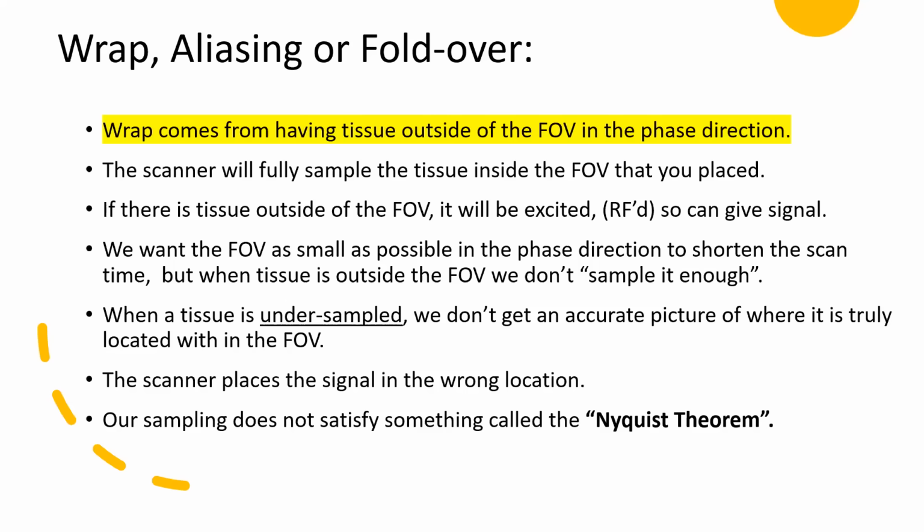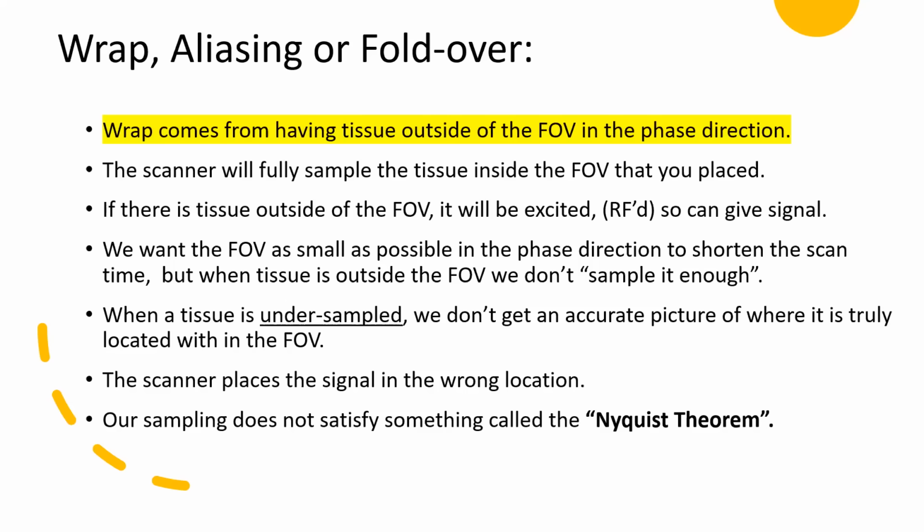Everything gets an RF, even the stuff that might be outside the field of view. Even though you don't want it to, sorry, we're doing a square field of view and RF is round. Just because it's outside the field of view, it's going to get an RF pulse. So this tissue outside the field of view is going to get undersampled. You don't look at it enough to know exactly where it should go.